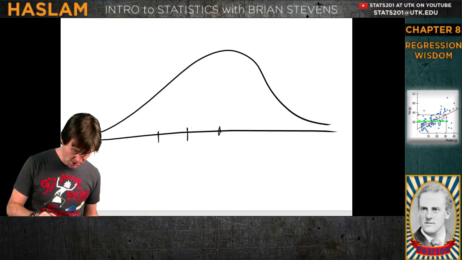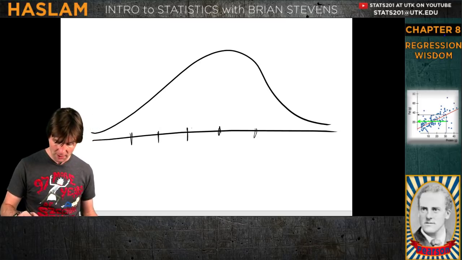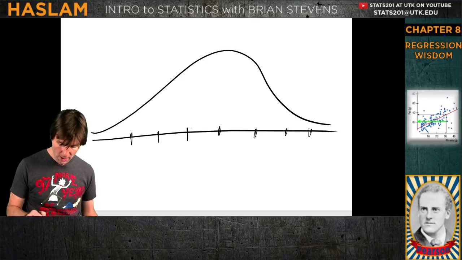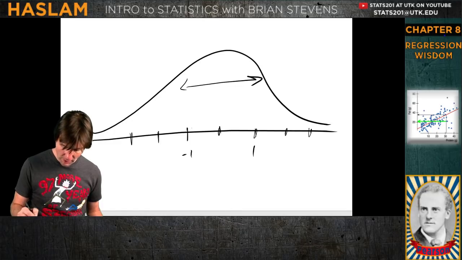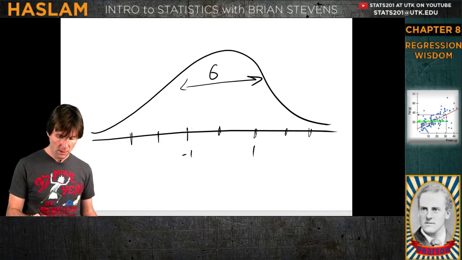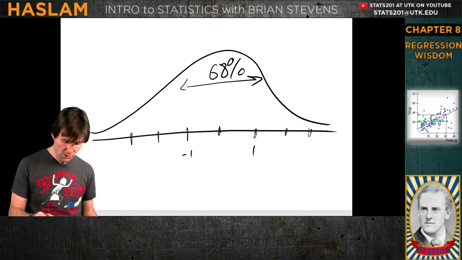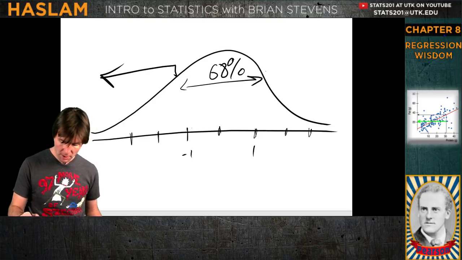Let's use our 68, 95, 99.7 rule to think about this. If 68% is between -1 and +1, what percent would be outside? This is the practice right here.